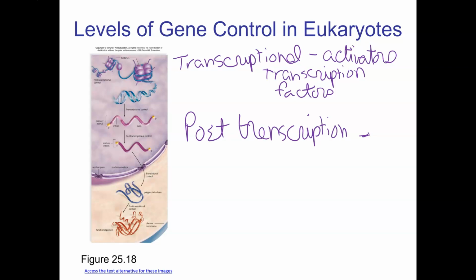We have translational control. Translational control is going to be dependent on the length of the guanine cap and the poly A tail to determine how long that messenger RNA can be translated before it is broken down.